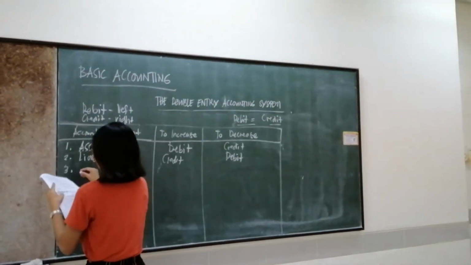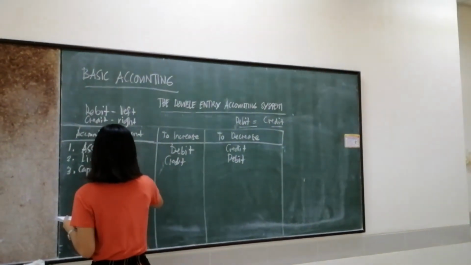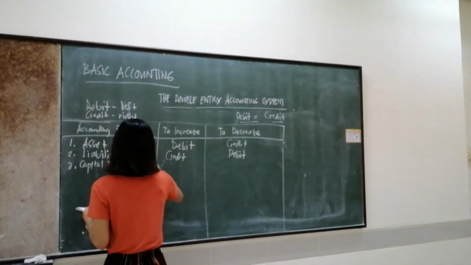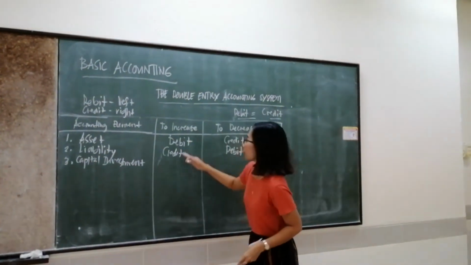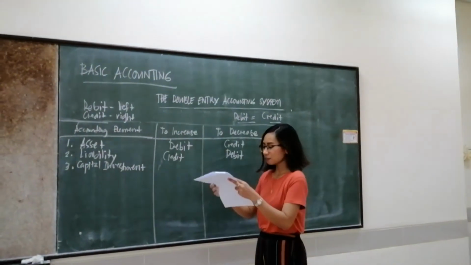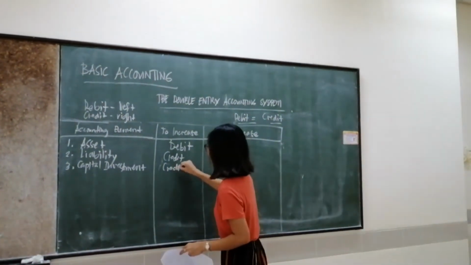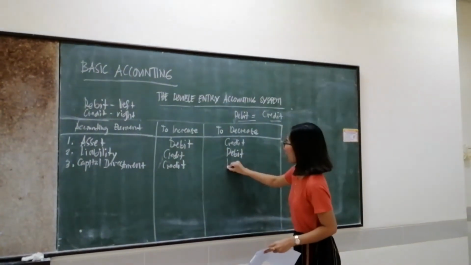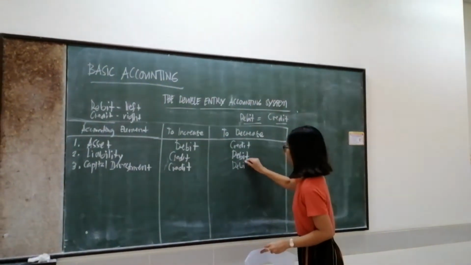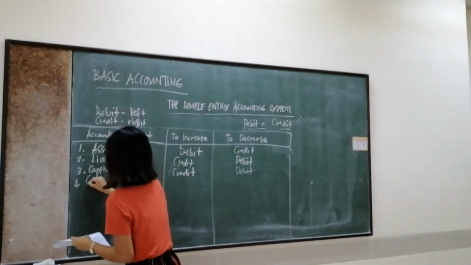Number 3, capital investment. If you want to increase the capital investment, you have to credit. Very good. And to decrease, you have to debit. How about capital withdrawal?